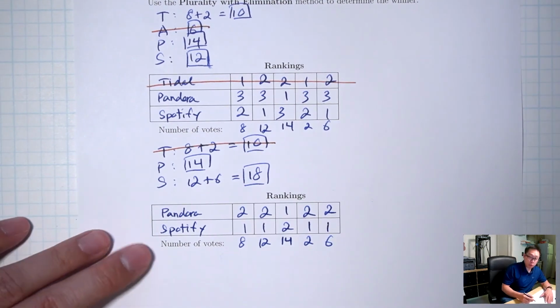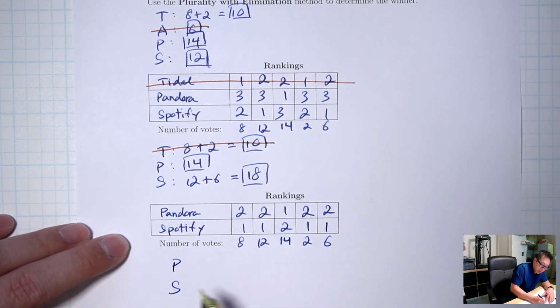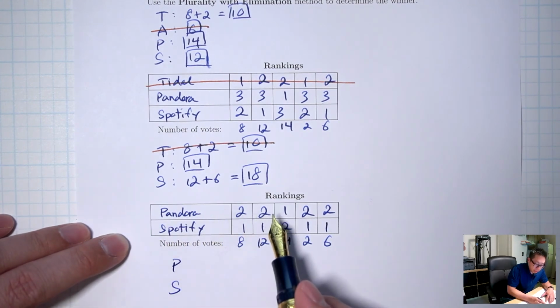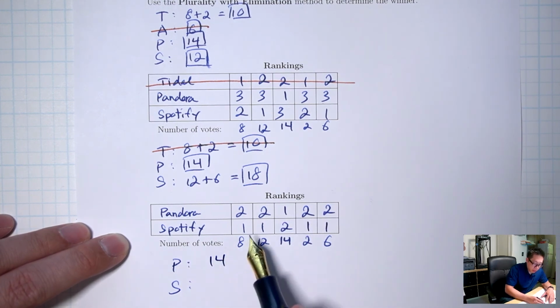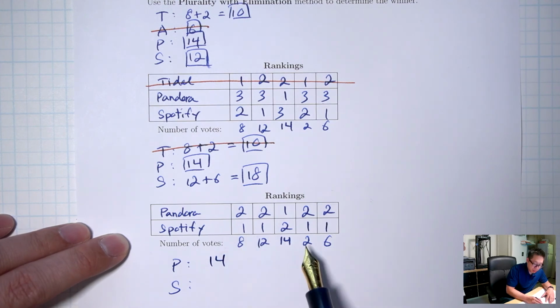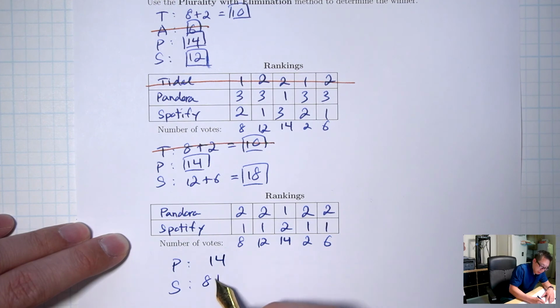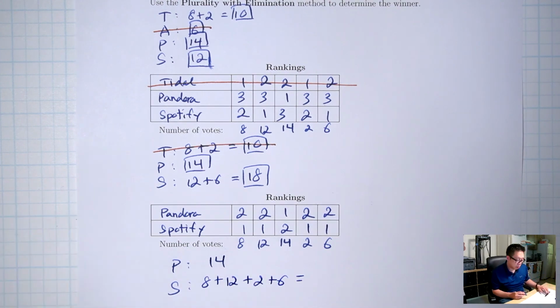Okay, count the votes one last time. So Pandora versus Spotify. Pandora, just this 1, which is 14. Spotify, there's 4 ones. That's 8 plus 12 plus 2 plus 6.